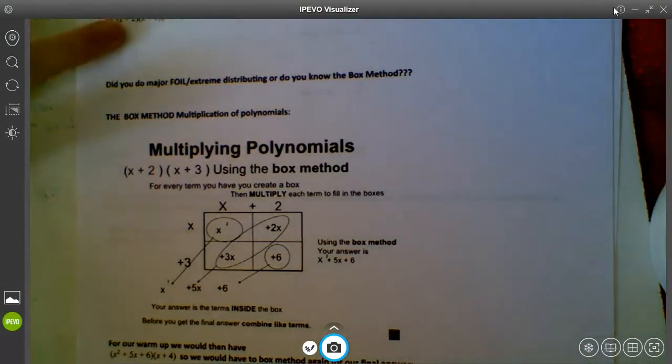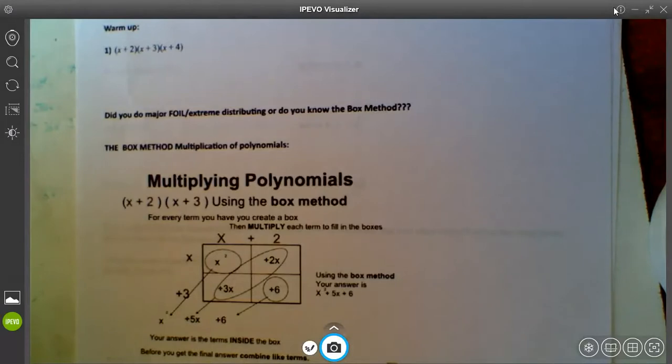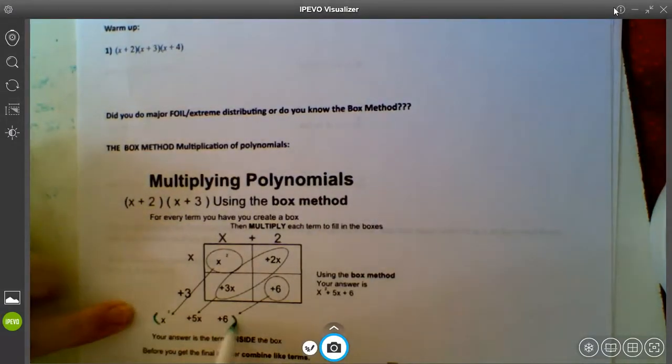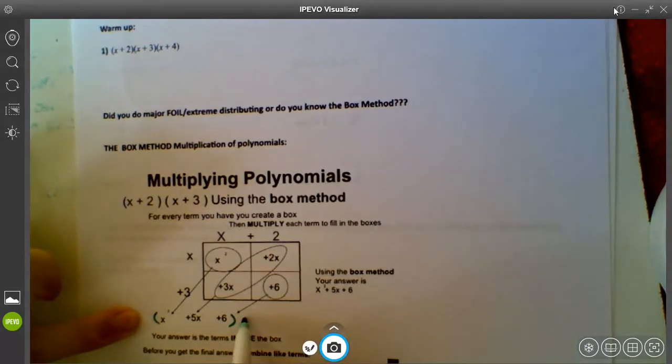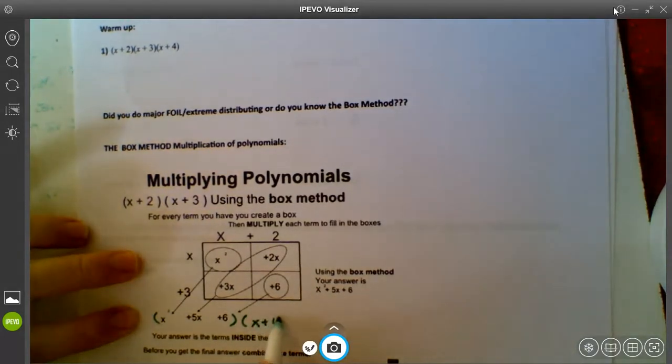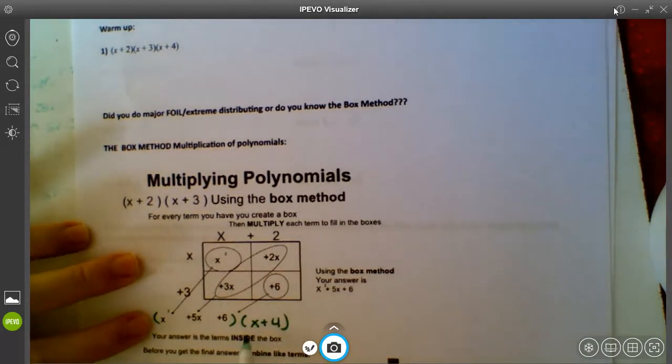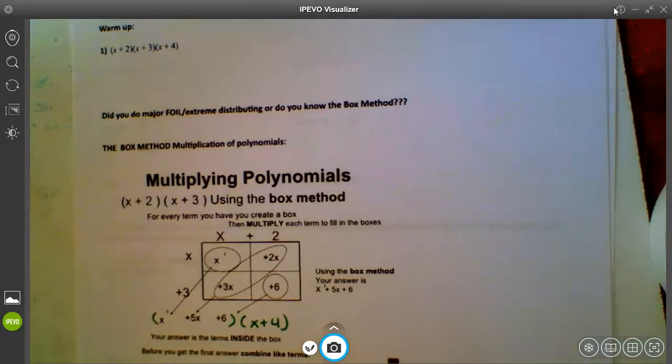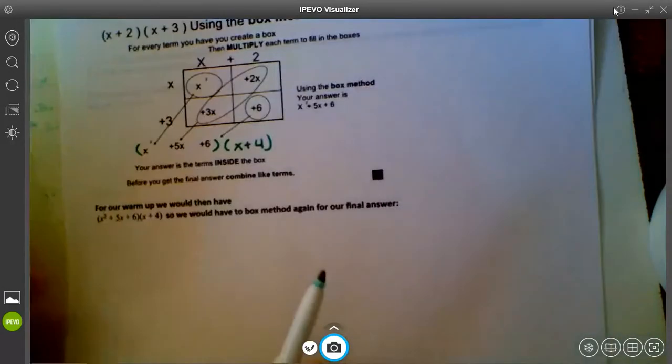But the thing about the problem I presented you in the warm-up is now that you have to take this and multiply it by x plus 4 still. Which means you could have done x times x squared, x times 5x, and then distribute the 4 as well. Or we can also do the box method again. So we'll see how easy the box method works for us.